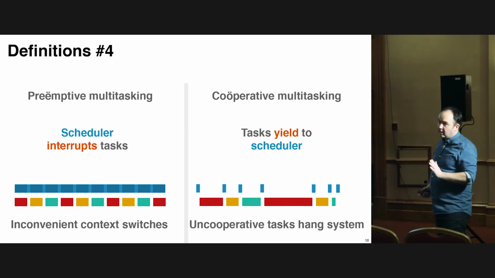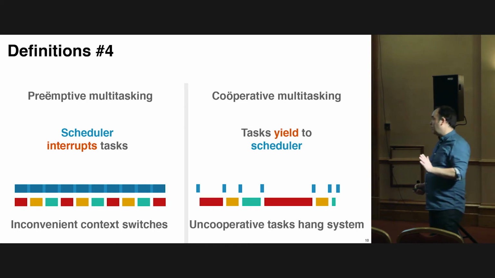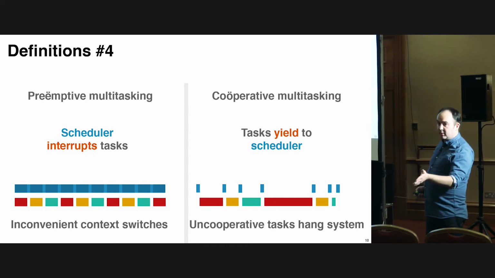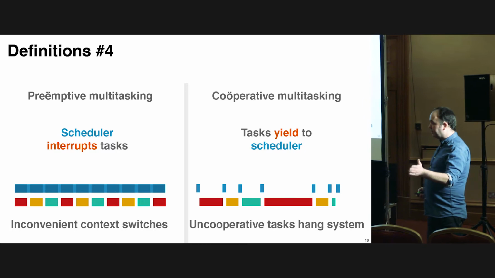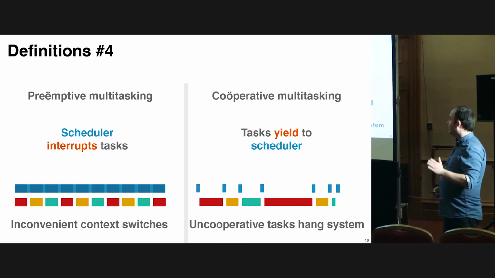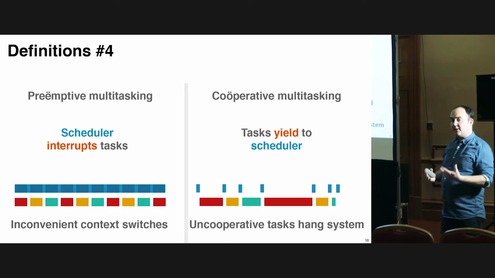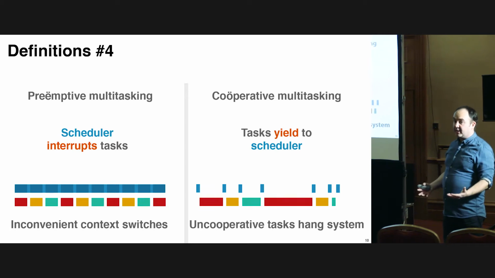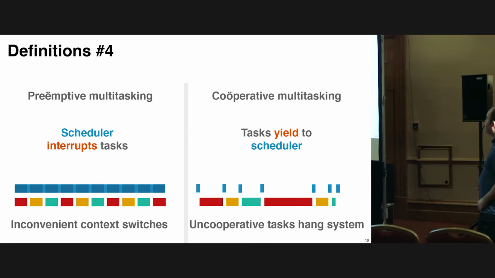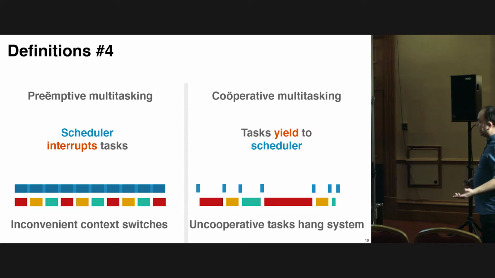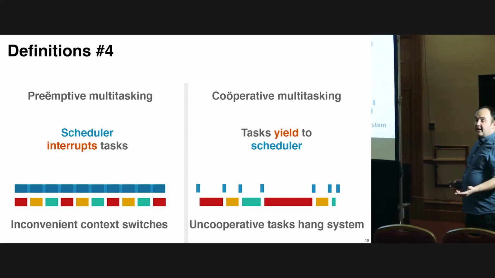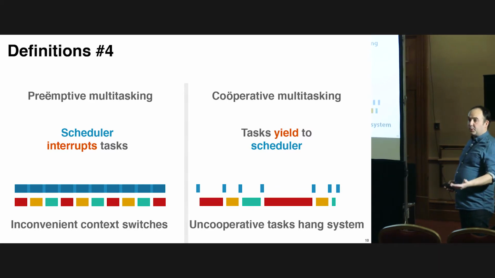And by and large, the tasks have no say in when they are interrupted. And of course, it's always at the most inconvenient instant, which means we have to do extra things to deal with the fact we could be interrupted at any moment, such as locking. Or there's cooperative multitasking, where each task voluntarily yields control back to the scheduler. Okay?